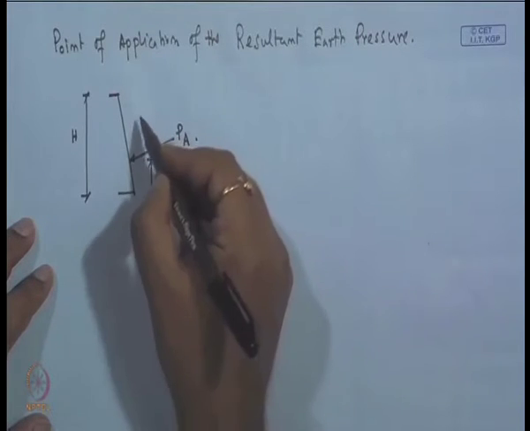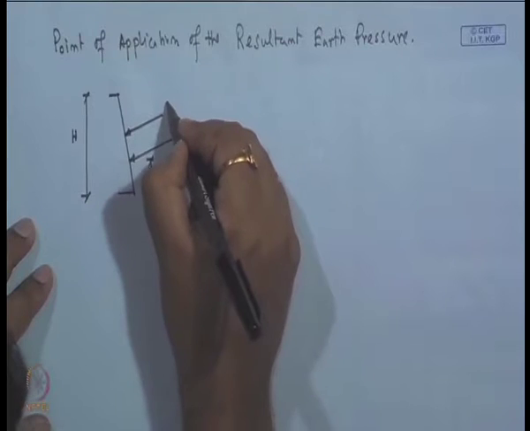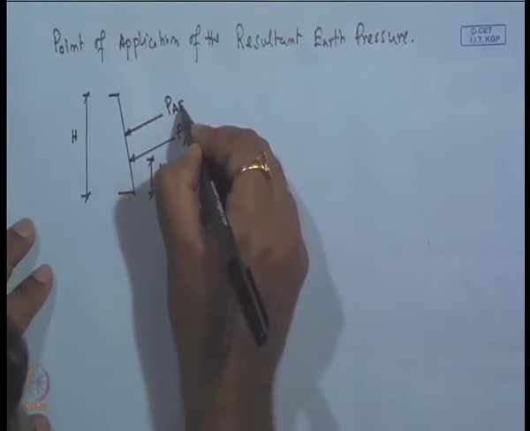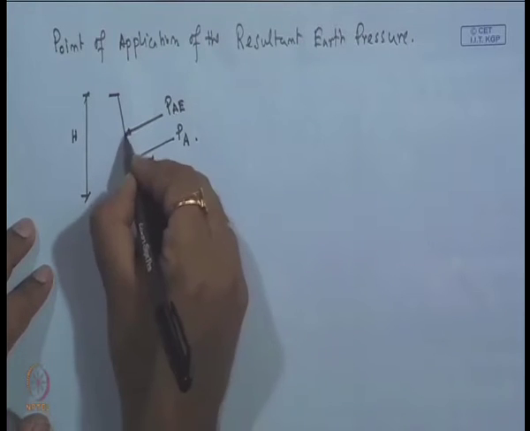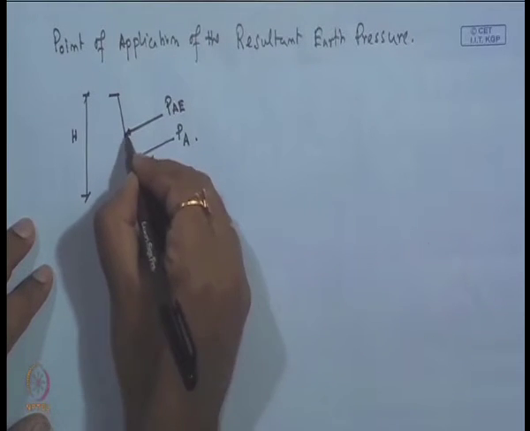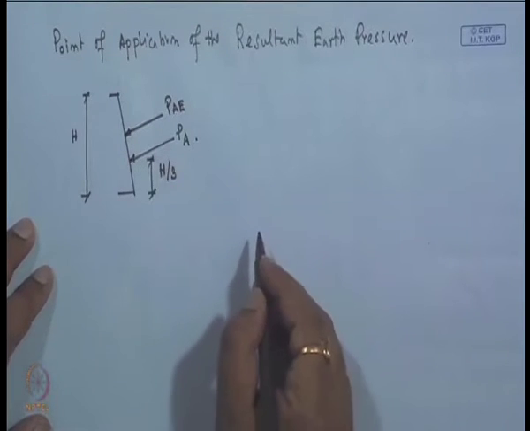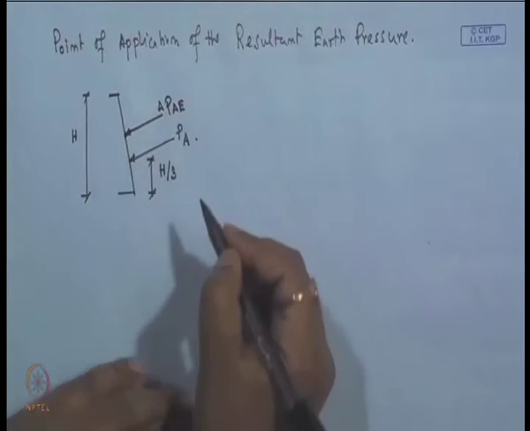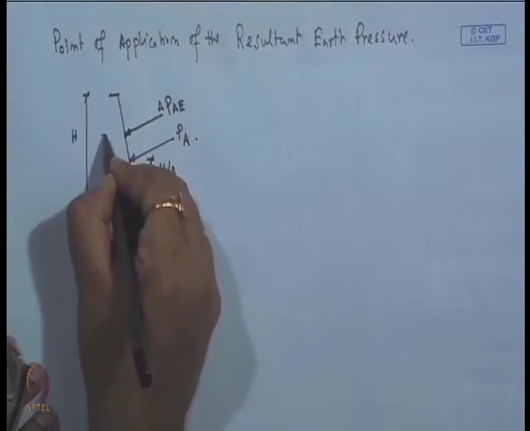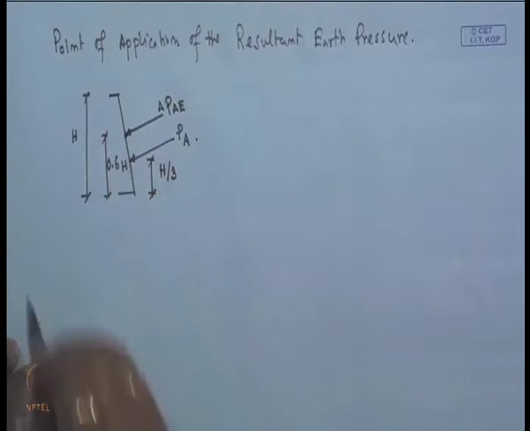Now, similarly, delta PAE, where the resultant force of PAE will act. How do we calculate this delta PAE? That will act at a height of 0.6 H.